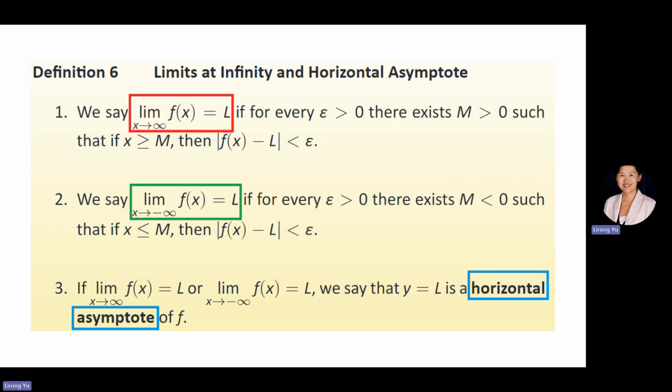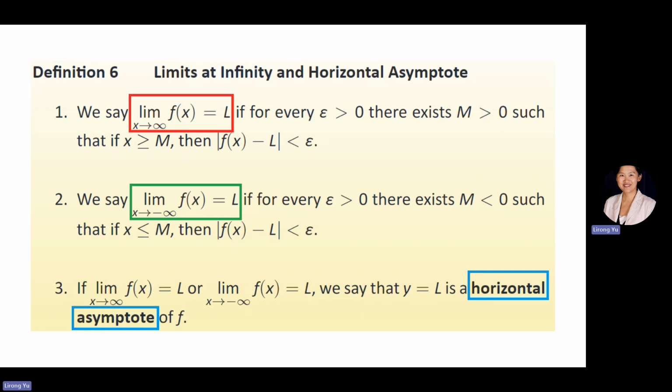We already defined this yesterday, but the horizontal asymptote is a horizontal line, y equal to the limit value. Now, if this limit does not exist, if you cannot find a finite number, then we do not have a horizontal asymptote. But as long as L is finite, then we have a horizontal asymptote.